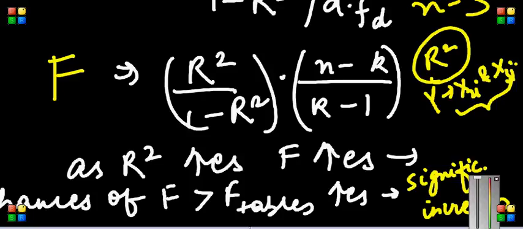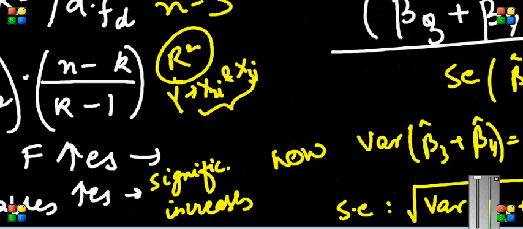If the chances that they would be jointly significant increases, the chances that I will accept the null hypothesis of them being not significant would fall. So hence the chances of rejecting the null hypothesis would increase. Is that clear? So the chances that F calculated would be greater than F tabular would increase. I hope this is a little important and trivial. I hope you're following this.